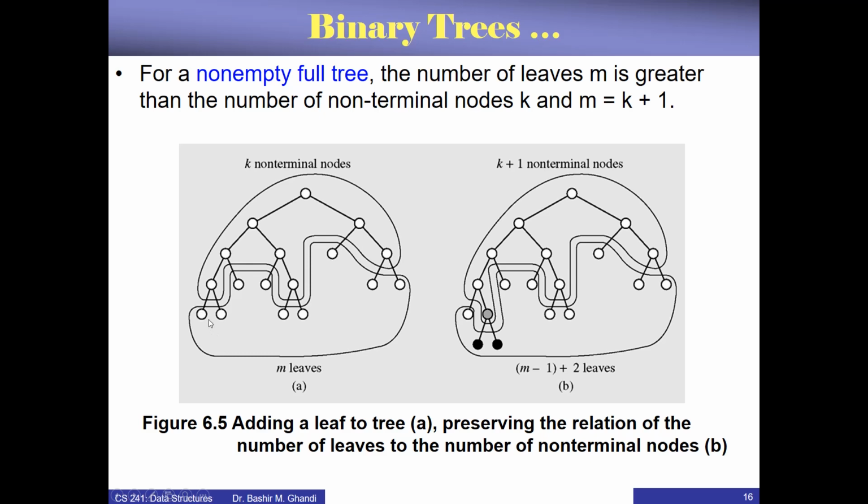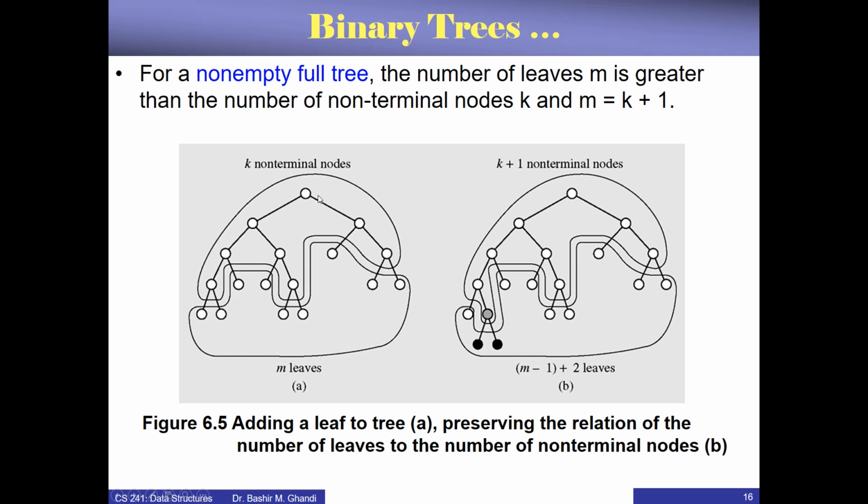The leaves are 1, 2, 3, 4, 5, 6, 7, 8, 9. How about the non-leaves? 1, 2, 3, 4, 5, 6. I think I jumped one here, 7 and 8. Let's do it again. 1, 2, 3, 4, 5, 6, 7, 8.